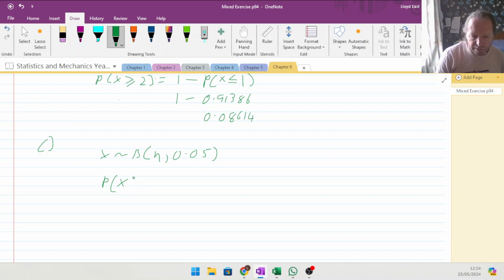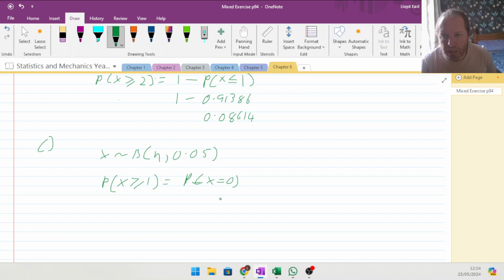So that means he can have 1, 2, 3, 4. So he is including 1, and he can have more than. So this is the same as 1 minus the probability of x being equal to 0.